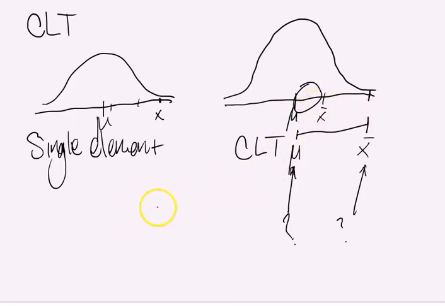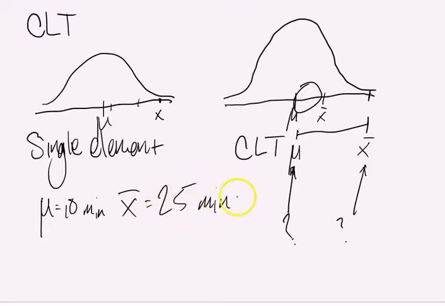If I expect my average drive time to work to be 10 minutes, and then I gather a random sample of data, I record myself going to work every day for a month, and that average value for my 30 days of going to work is 25 minutes. That's pretty far from my expected value, right? If I'm expecting my average to be 10 minutes, but I add up 30 days' worth and I take the average and it's 25, that's not okay, right?